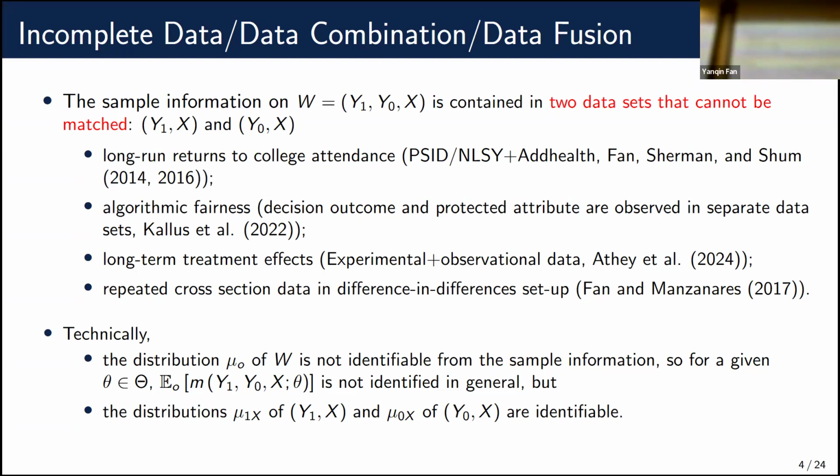But the protected attribute is not observed in the same data set as the decision outcome. So if I'm interested in estimating measures of algorithmic fairness, then we have to combine both data sets.